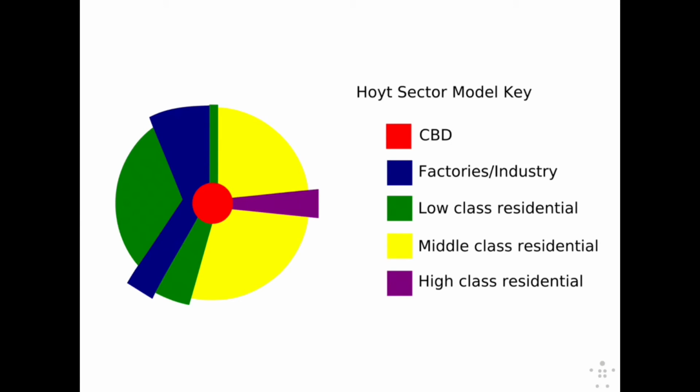In North American city structure, members of low-income groups tend to live in linear residential areas radiating from the city center outwards. And you can kind of see that here in your green, but it's not pointed out enough. Radiating outwards your low-class residential areas.